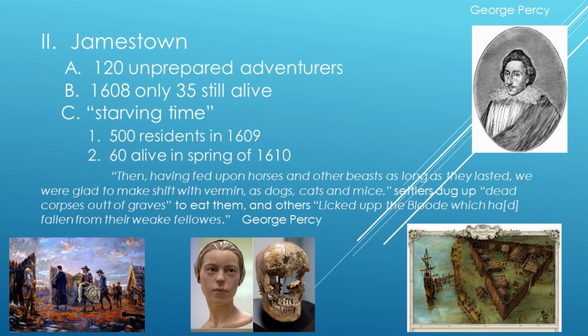The reason they built it in a triangular shape. The men were occupied mostly with looking for gold. Again, they had this expectation because that's what the Spanish had found. So most of their time was taken up in searching for profit, for gold, rather than trying to feed themselves.